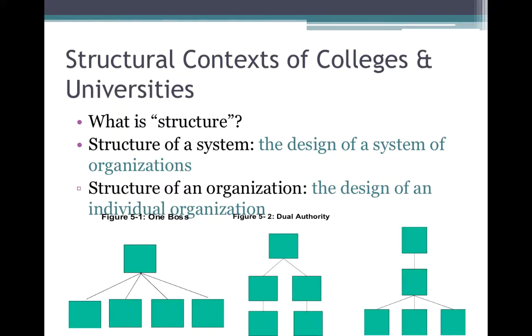Then also, structure is used to describe any individual organization's design. An obvious example, up here on the screen, would be different organization charts, right? These show ways in which labor or specializations of individual roles are differentiated and then coordinated and controlled in terms of reporting structures and communication lines.